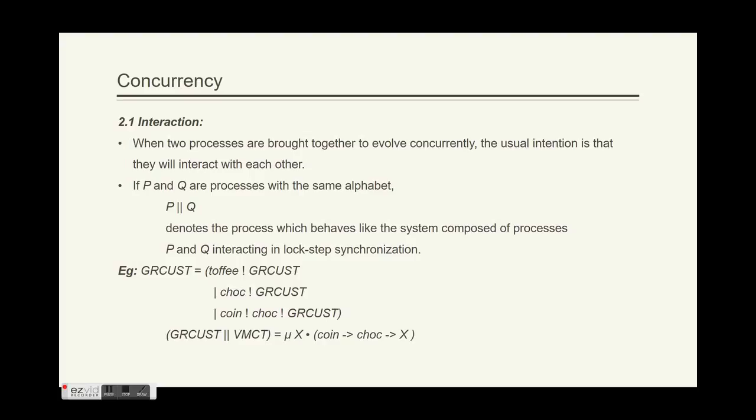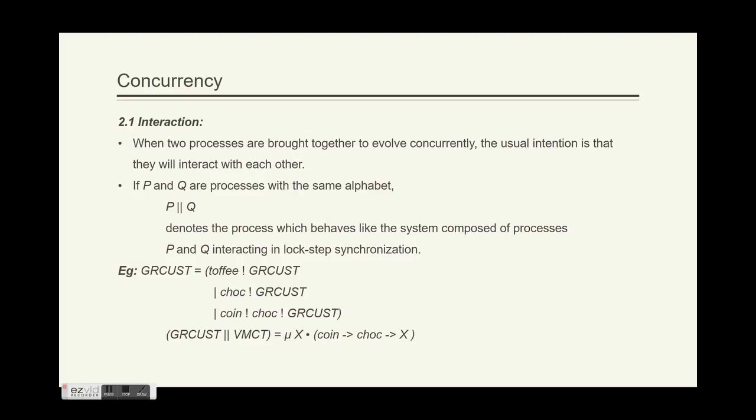In this scenario, he either has the choice of getting toffee or chocolate, or he has to insert a coin and get the chocolate. But the vending machine from the first scenario does not dispense the item without the customer inserting the coin. So in this scenario, he has to insert the coin, but when the customer inserts the coin, he will not want to get the item later on.